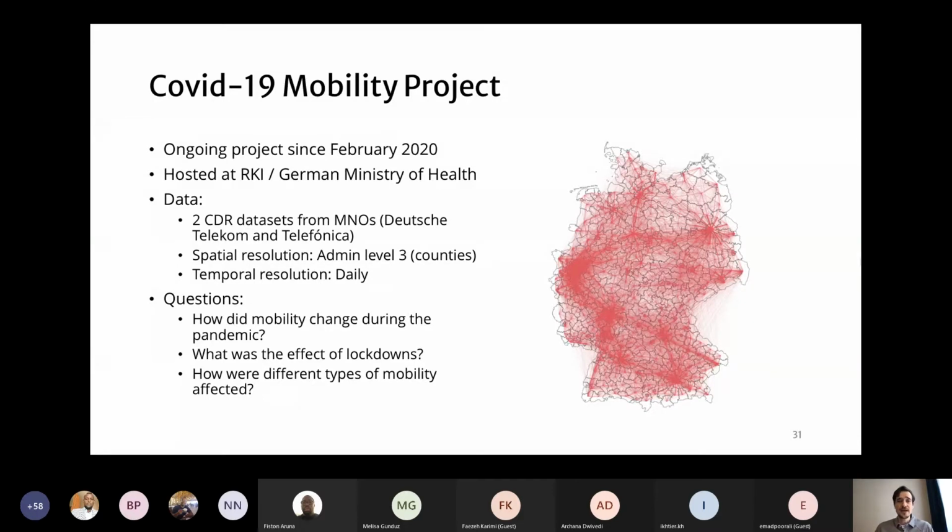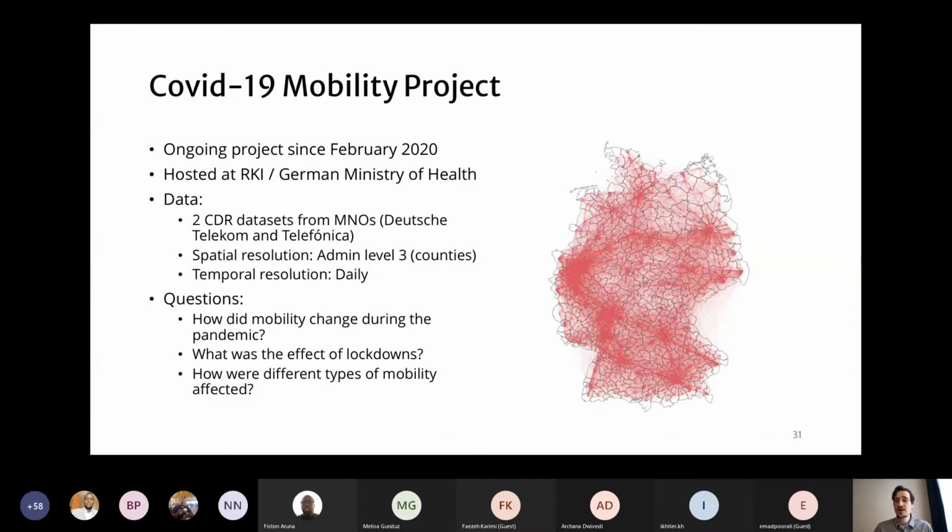And so what we wanted to look at is, how did the mobility change in Germany during the pandemic? What was the effect of mobility restrictions and lockdowns? How were different types of mobility affected? And so on and so on. Every week or two, we had a new set of questions as the situation evolved, but we were able to answer a lot of questions with this one data set, which is also an underlying theme with mobility data, that they contain a lot of information and you can answer a lot of questions with the same data set.